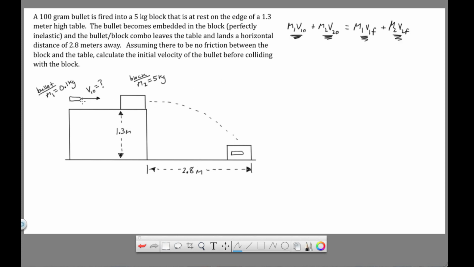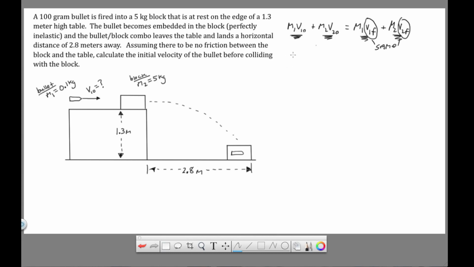Now, as I said a second ago, the bullet becomes embedded into the block. So the two objects become one, and that's referred to as a perfectly inelastic collision. Whenever you have a perfectly inelastic collision where the two objects become one, the final velocity of object 1 and the final velocity of object 2 will be the same, because the two objects have become one object.